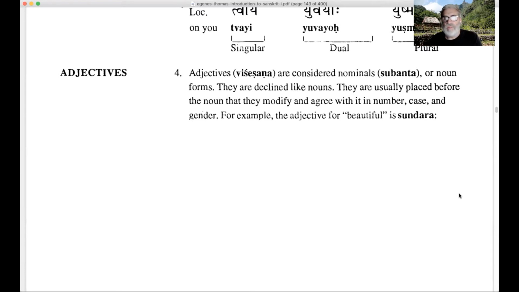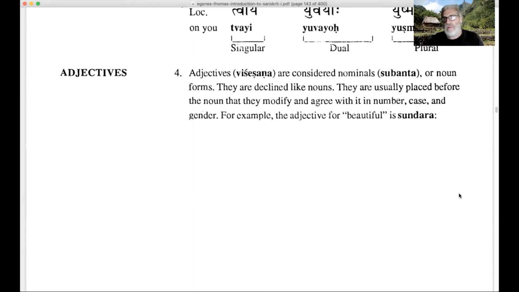It's a big word made shorter. Sup is like a set of endings. So sup plus anta becomes subhanta.